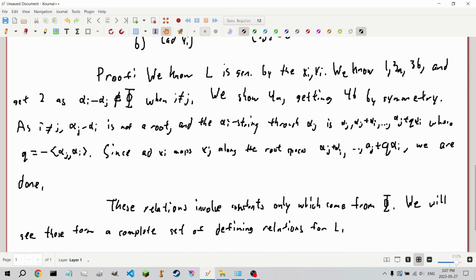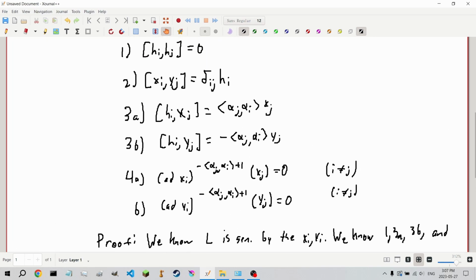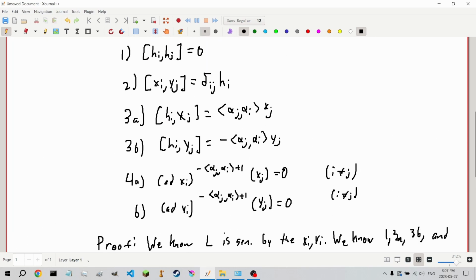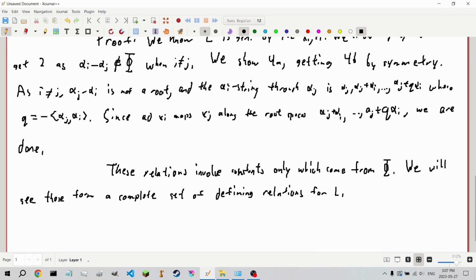But first we will look at the Lie algebra defined by our first three relations here. So, consequences of relations 1 through 3.